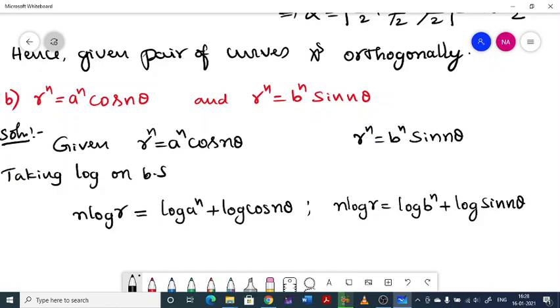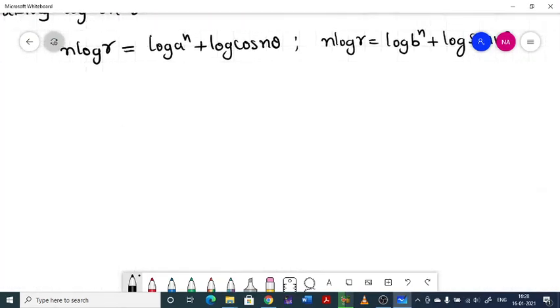Now n log r you have, okay, I need to write one more step. Log a power n, no problem. Since a power n itself is constant, no need to worry about it. Differentiating with respect to theta, n into derivative of log r, that is 1 by r, into derivative of r with respect to theta, equal to a power n is constant, log a power n is also constant.